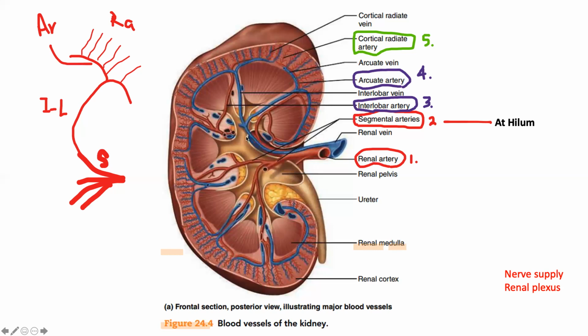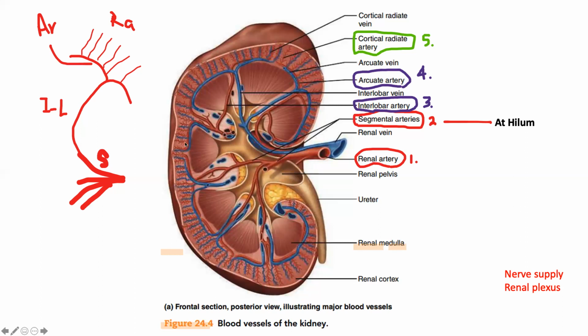So I want you to appreciate the hierarchy of the blood supply of the kidney. It starts with the renal artery, and then it will become segmental artery, and they run in between the lobes, interlobar artery, and then they arch on the pyramids, and therefore they are called arcuate arteries.